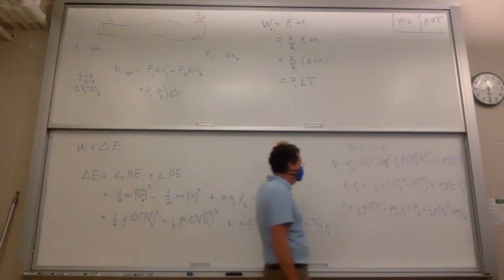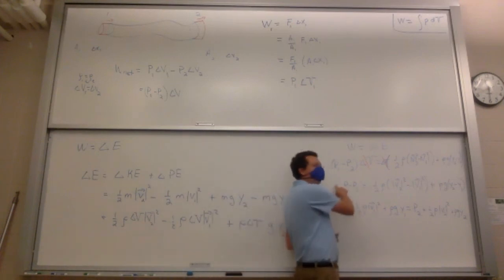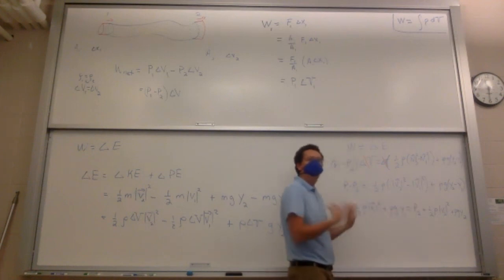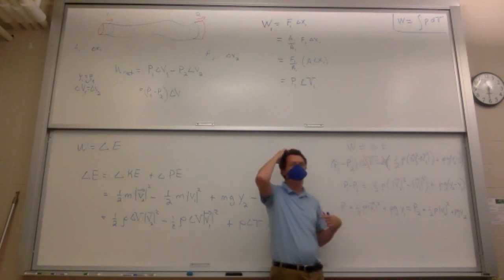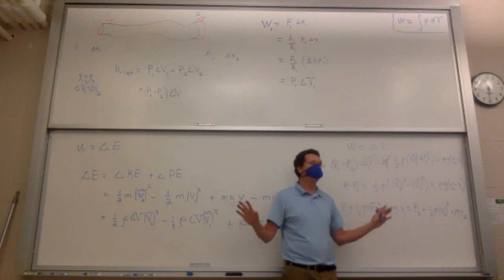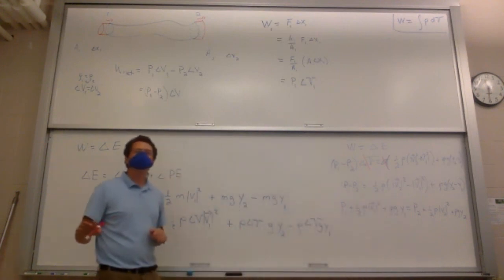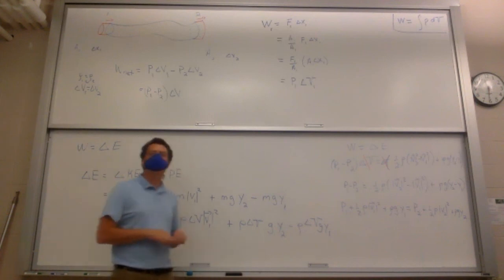But the problem is then over here you have to say this is minus delta. So if I write it this way, there are never any minus signs. So I never have to question did I put it in the right spot or not. I just remember that if I put all the 1s on one side and all the 2s on the other side, there are no minus signs. Questions? Okay.